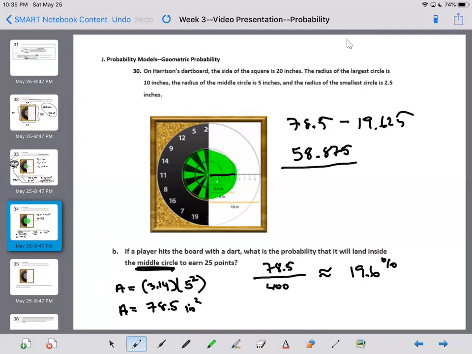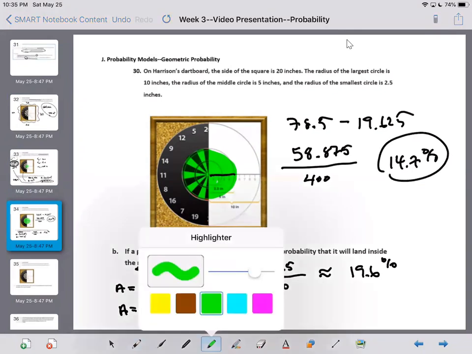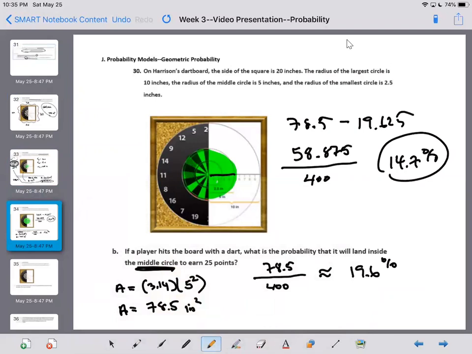When we divide that by 400, we get about a 14.7% chance of landing in the region we're talking about right here, that middle ring.